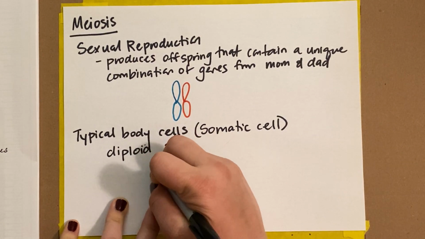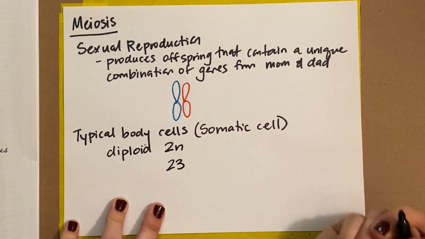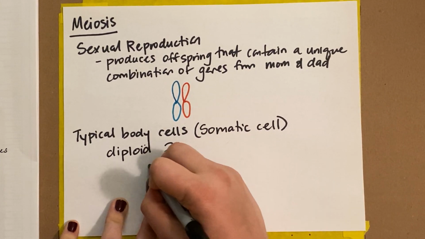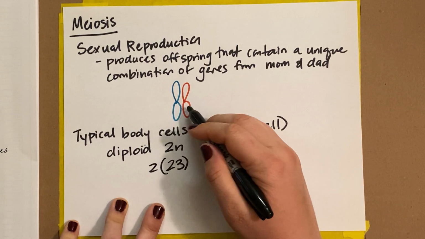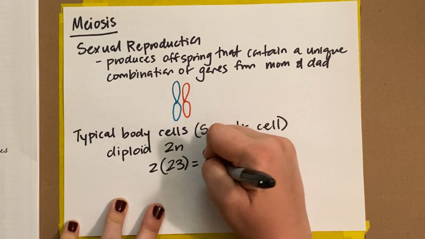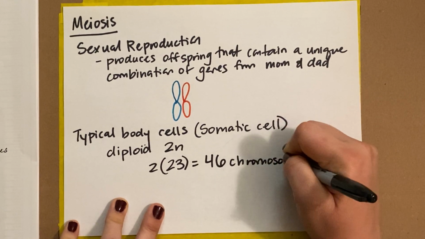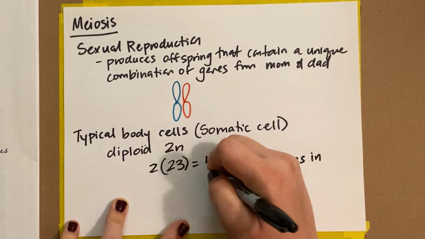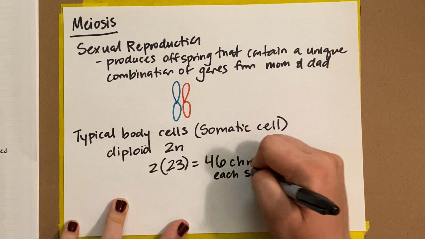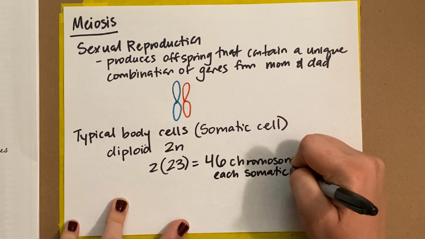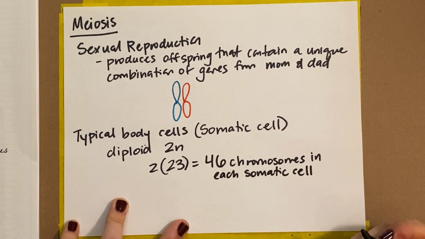If you remember, we have 23 chromosome types, and there are 2 of them, one from mom, one from dad, which means that there are 46 chromosomes in each somatic cell.